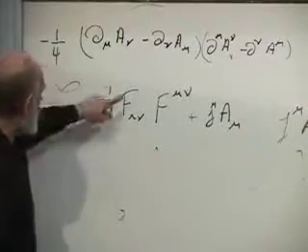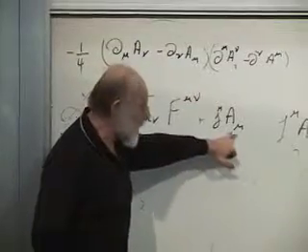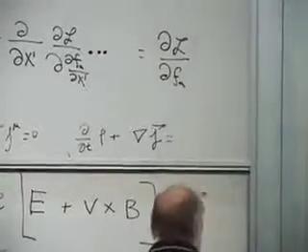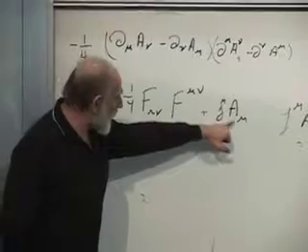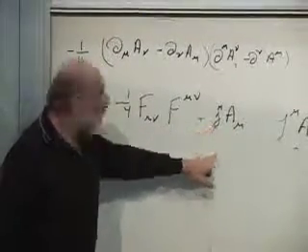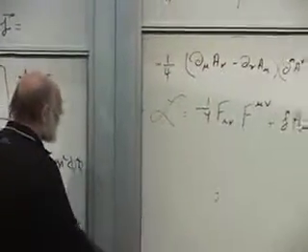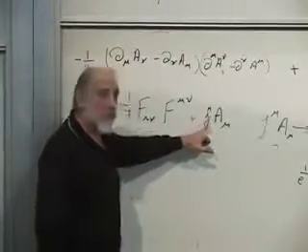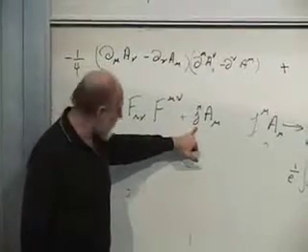If we go back and calculate the equations of motion, there's now a new term. It's basically the right-hand side of differentiating the Lagrangian with respect to A. What do I get if I differentiate the Lagrangian with respect to A? I get J. So there is another term on the right-hand side of the Maxwell equations which involve the current and charge density themselves.